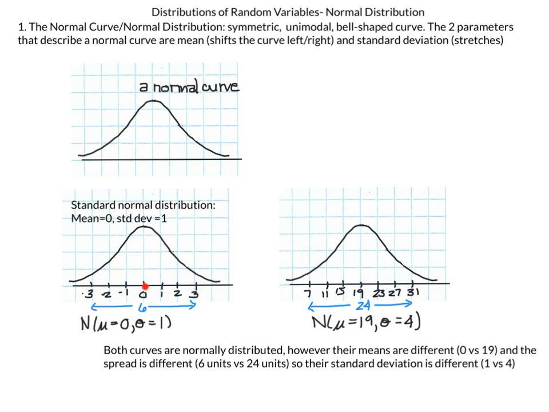At each of these points, you can look up here and see a probability that whatever x represents, maybe height or test scores, has this value down below on the axis. So this would be the probability x has the value 0 or something close to 0. Here you have the probability that x is something close to 2. Here on this graph you have the probability that x is something close to 23.